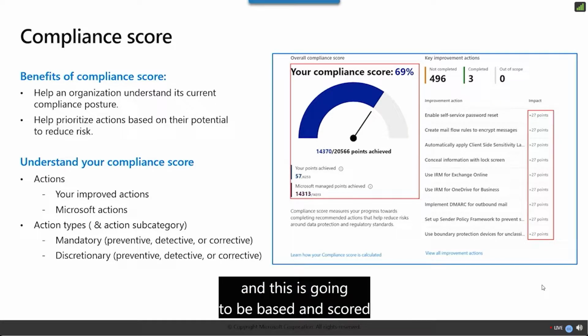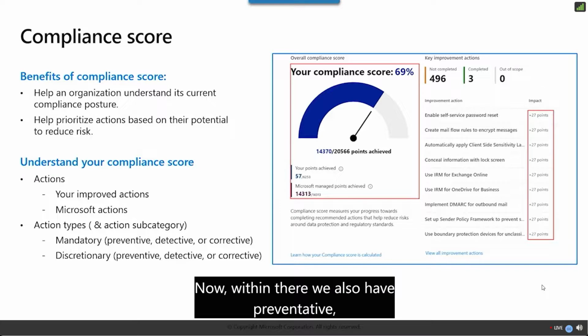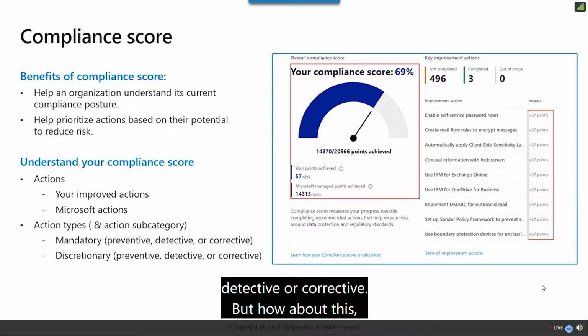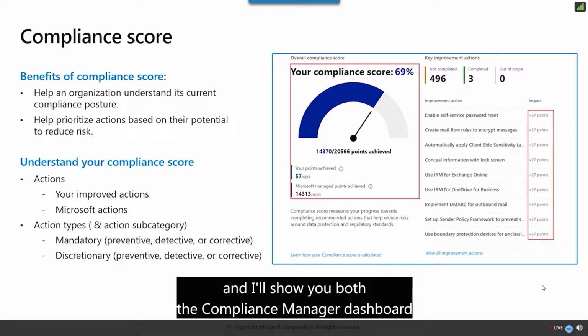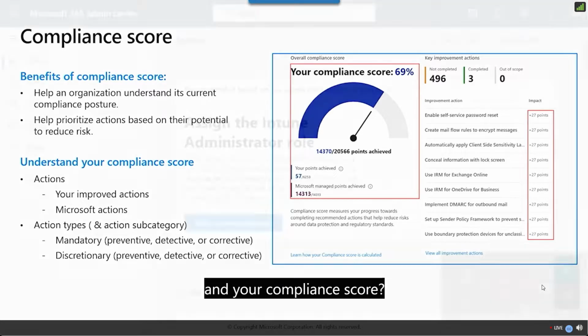This is scored based on whether they're considered mandatory or discretionary. Within there, we also have preventative, detective, or corrective. But how about this? Why don't we actually log into the compliance portal, and I'll show you both the Compliance Manager dashboard and your compliance score.